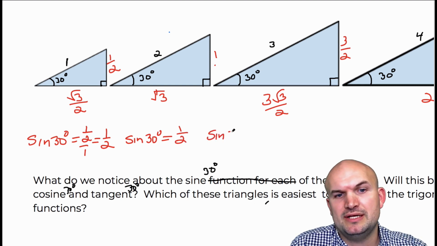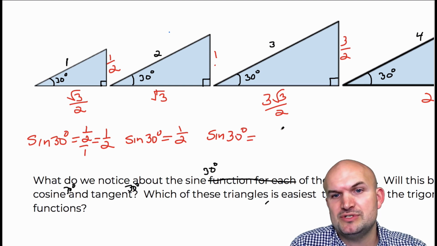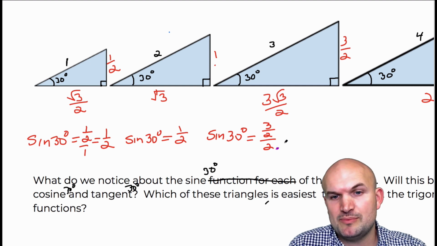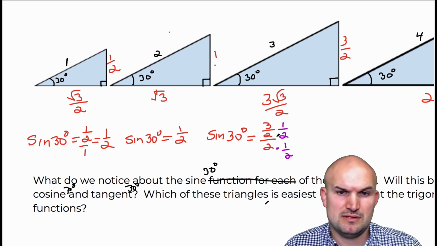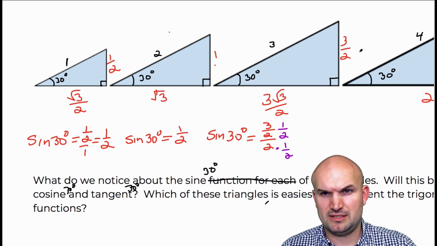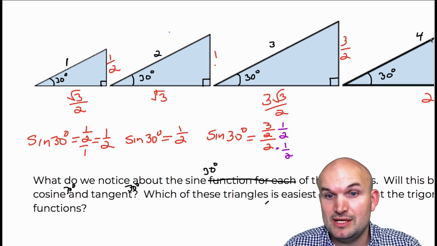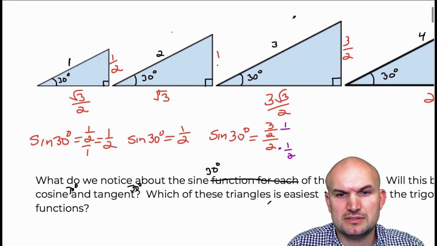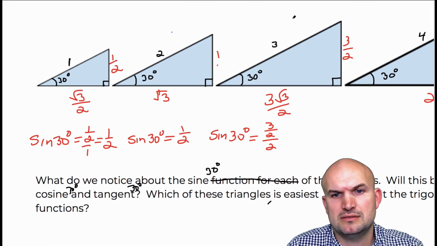The next one here is the sine of 30 degrees, which equals square root of 3 divided by 2. In this case, what we're going to want to do is multiply by the reciprocal to get rid of that fraction down below. What the heck happened here? 3 divided by 2. Oh, that's over 3. Oops, so let's redo that.